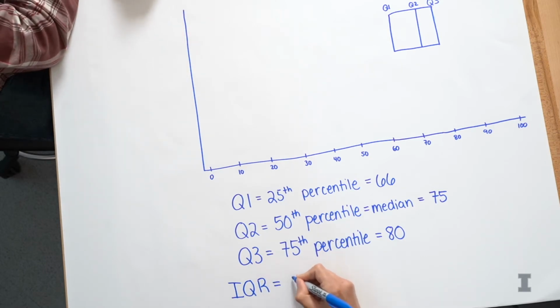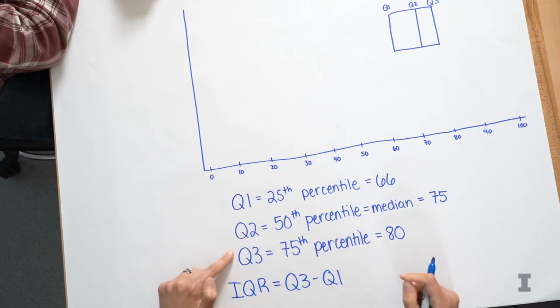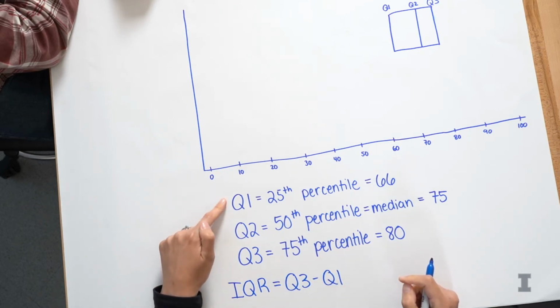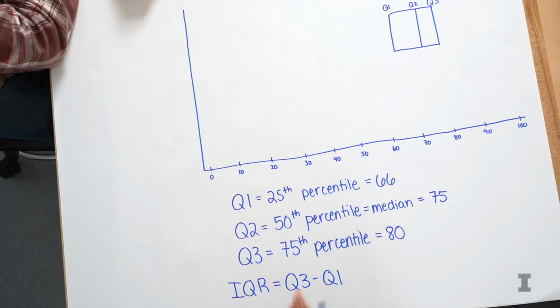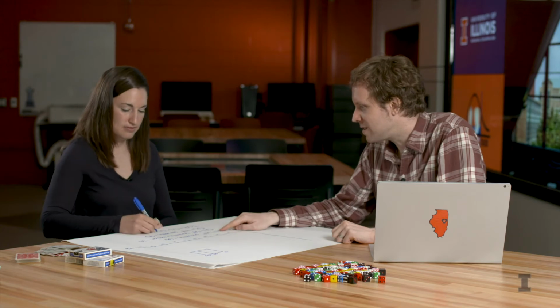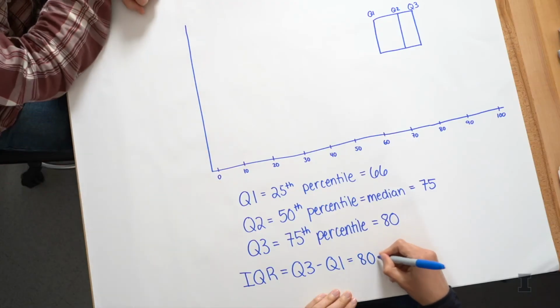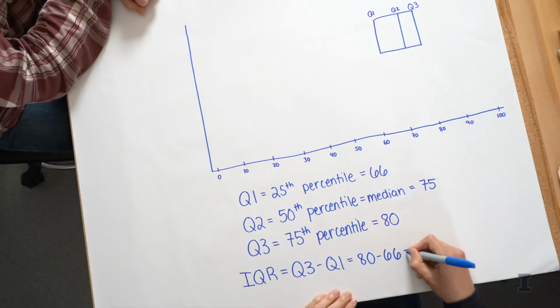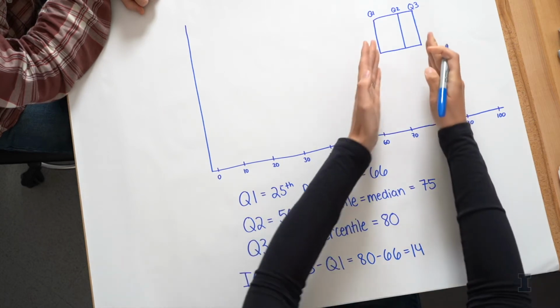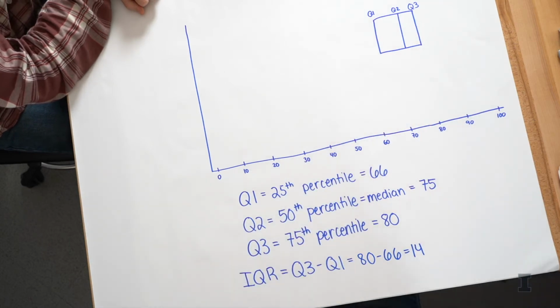And that is essentially just Q3 minus Q1, so it's the 75th percentile minus the 25th percentile. Like Wade said, it's the middle 50% of our data. That's a great observation. So doing the math, 80 minus 66 means our IQR is 14. Perfect. And that is essentially how thick or how wide our box is.